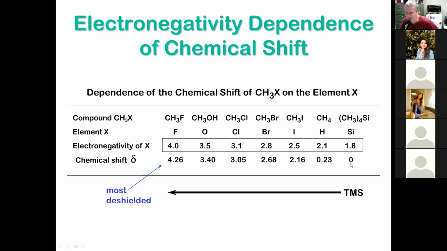And it's their 0 point, it's TMS. But as you start increasing electronegativity, what happens to the chemical shift? It keeps increasing and increasing. So it varies with electronegativity, right? With fluorine being a pretty extreme example. Fluorine's very electronegative, right? And it actually shifts it down to 4. I mean, it's pretty far down. The chlorine is like 3, bromine's around 2, etc. But fluorine's pretty extreme, okay?